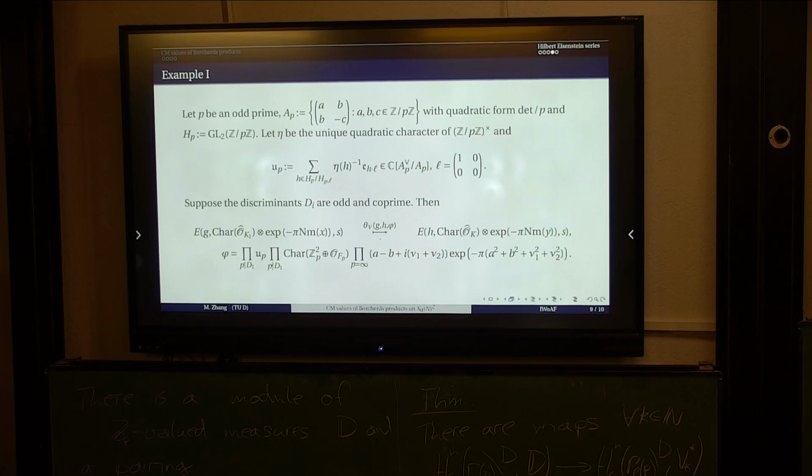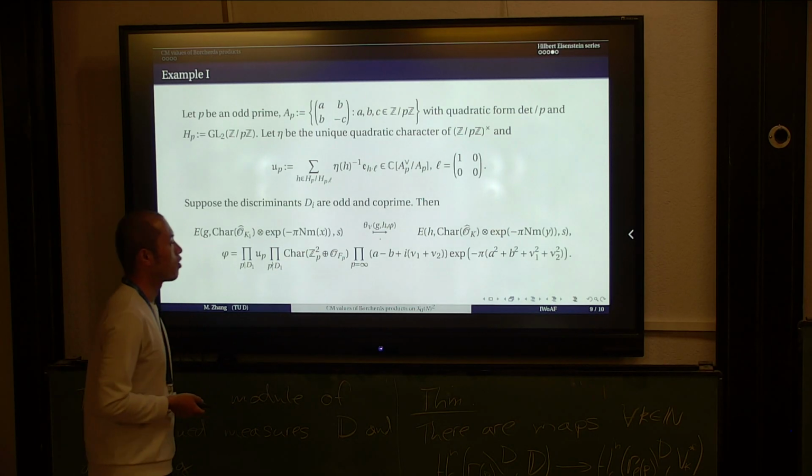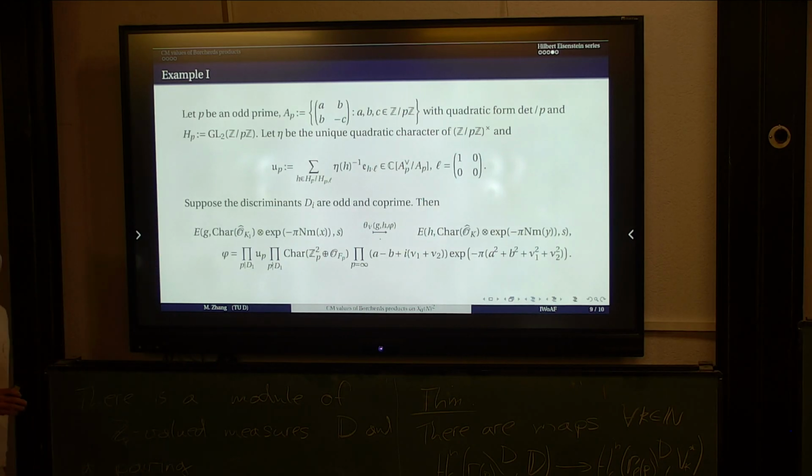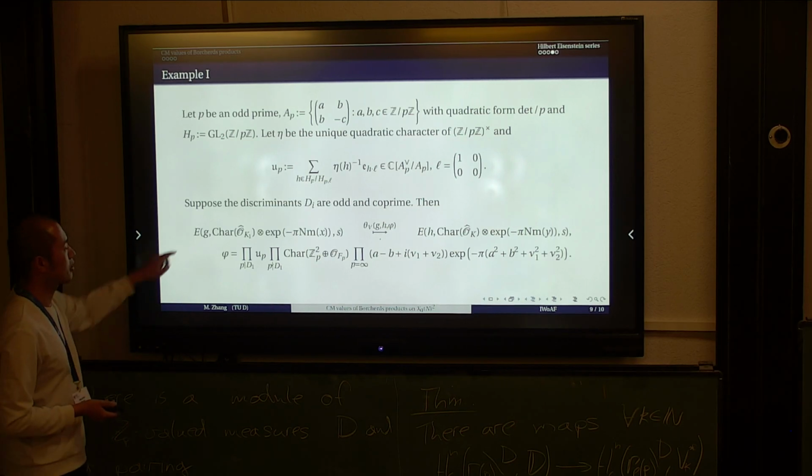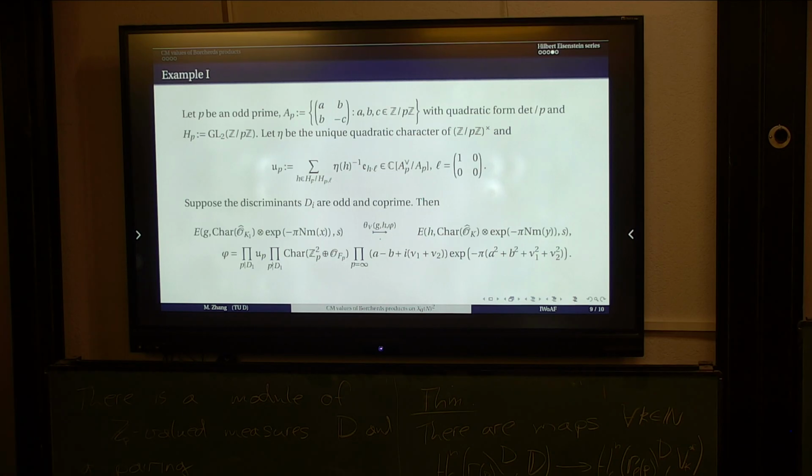So when the discriminants Di are odd and coprime, this incoherent Hilbert Eisenstein series of parallel weight (1, 1) can be realized as the Doi-Naganuma lift of this elliptic incoherent Eisenstein series of weight 1 against the theta function theta(V, g, h, phi bar). So for the primes dividing D1, phi bar p is given by the vector up, and in other places is defined canonically.